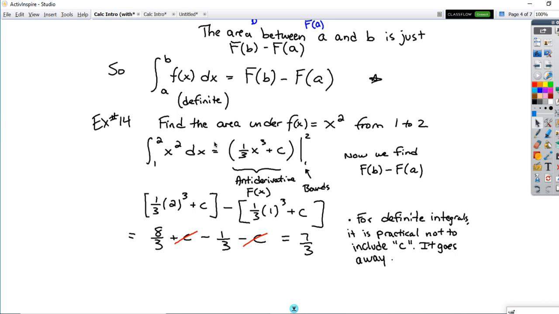So for instance, up here, if I knew I was doing a definite integral with bounds, that would be an occasion where I don't need to write this plus c, because when I evaluate it, I am going to lose the plus c. And so what I'm left with is just 8/3 minus 1/3, and I get 7/3. And that is the area under x squared between the values of 1 and 2.